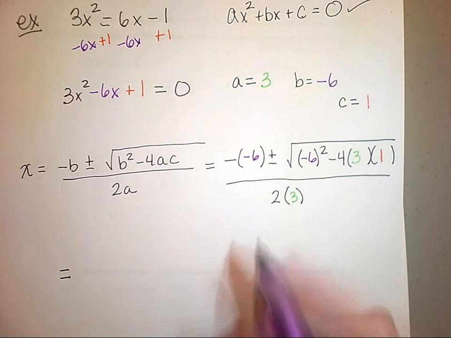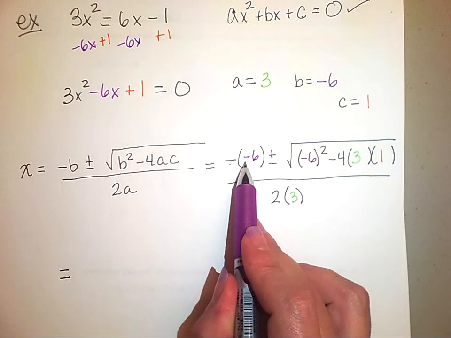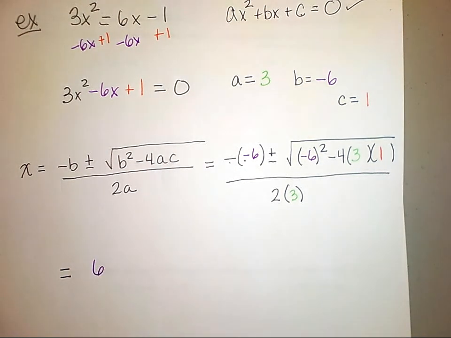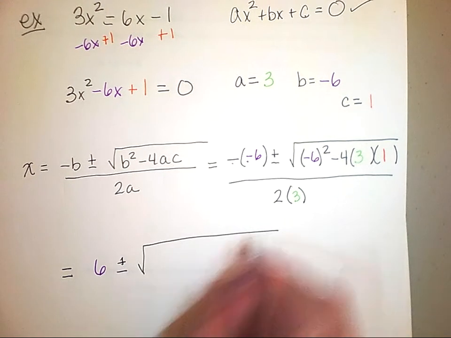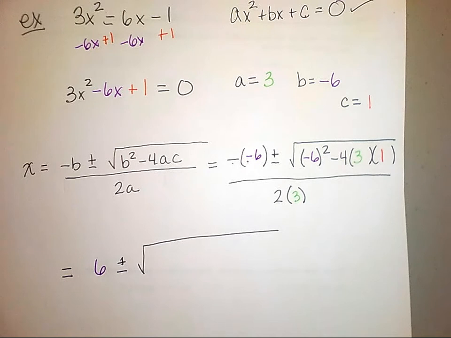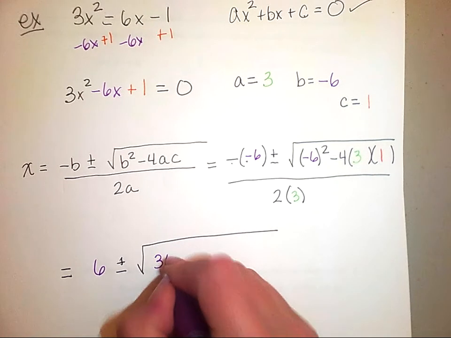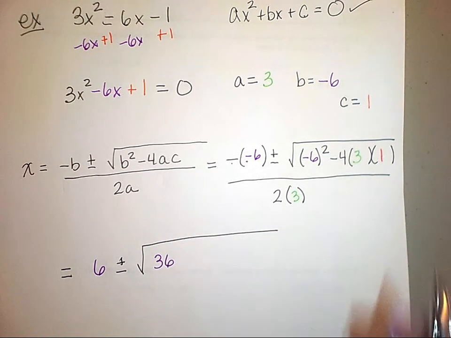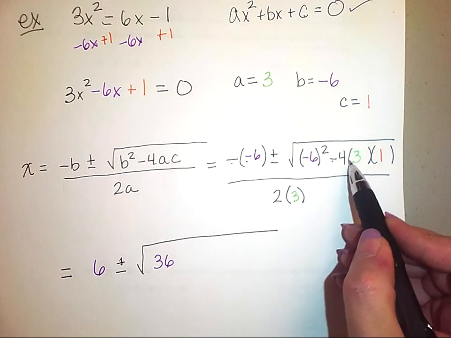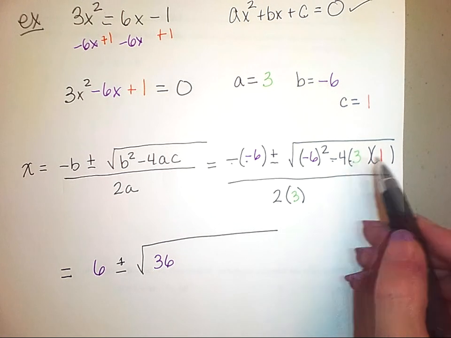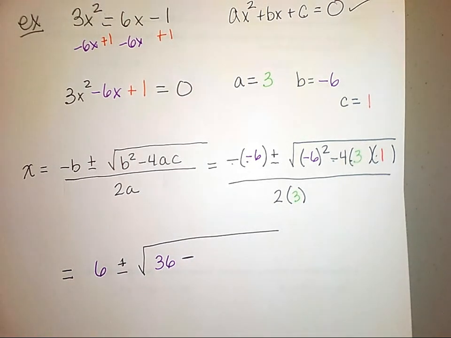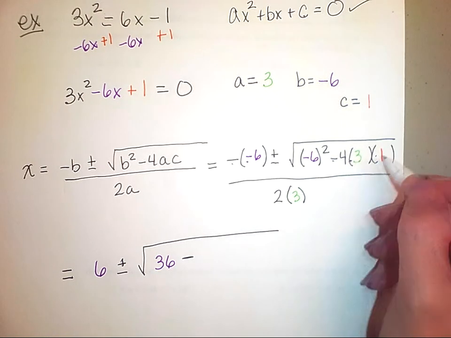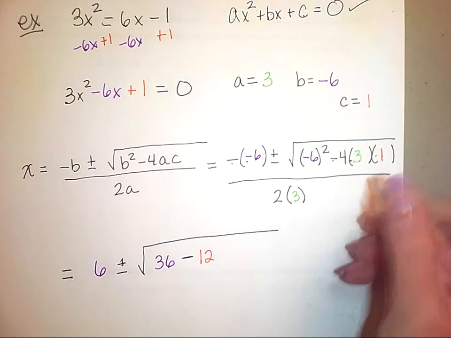Okay, so now from here, a minus 6 is a positive 6, plus or minus the square root. Negative 6 squared is positive 36. Then with the signs, minus and a positive is negative, times another positive is negative. So we're subtracting 4 times 3 is 12 times 1.